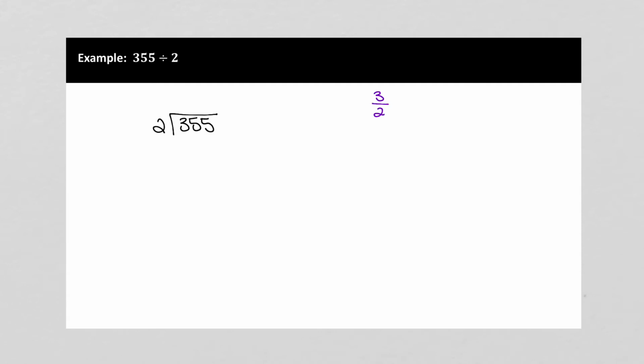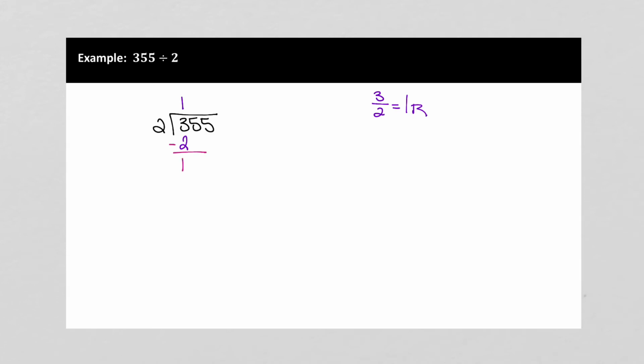Well, 2 goes into 3 1 and then some remainder times, so we won't worry about that. So it goes at most 1 time. Then we multiply. 1 times 2 is 2. The next step is to subtract.